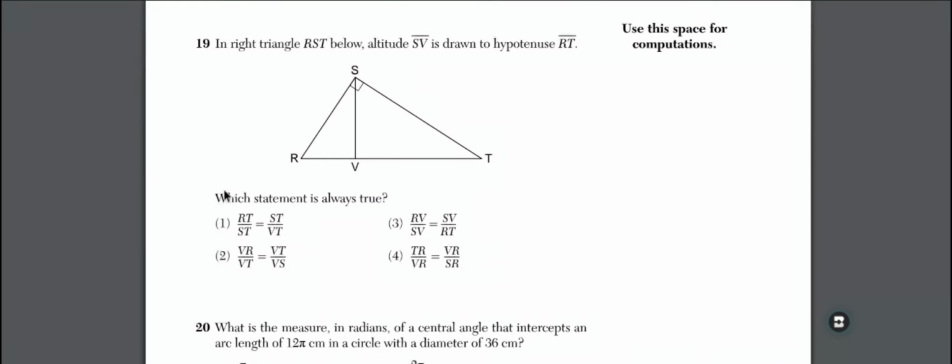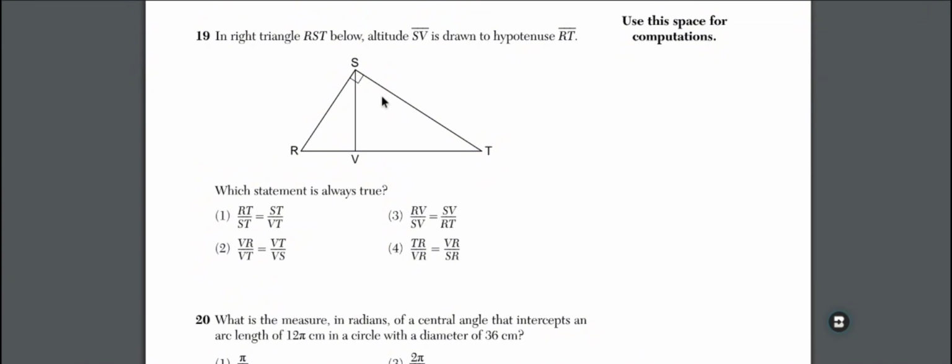Pretty straightforward. Now, in right triangle RST below, altitude SV is drawn to hypotenuse RT. Which statement is always true? So for this question, I want you to remember your altitude rule, which states that side 1 over altitude is equal to altitude over side 2.